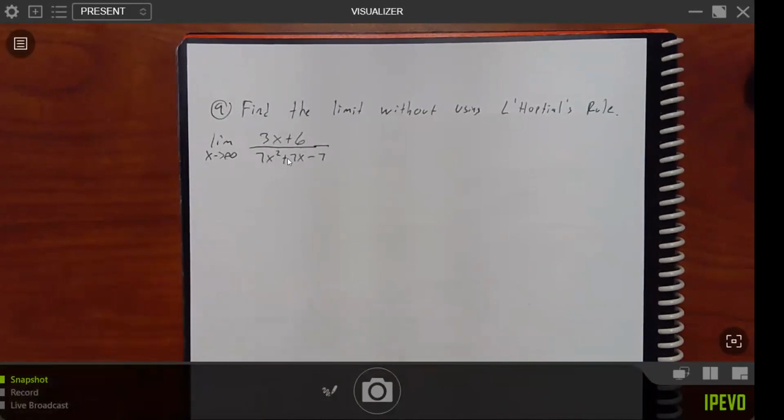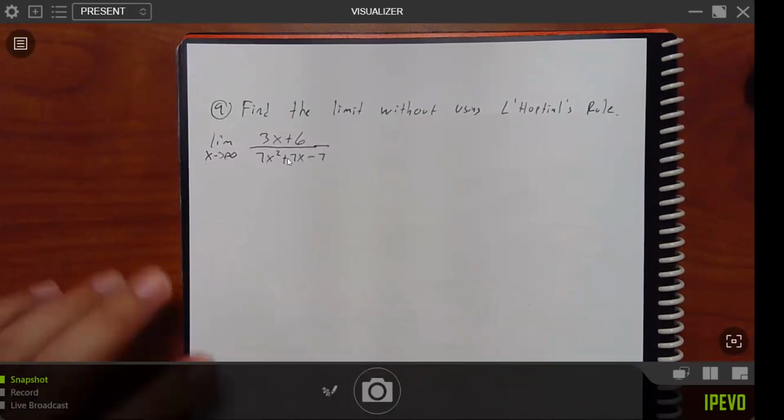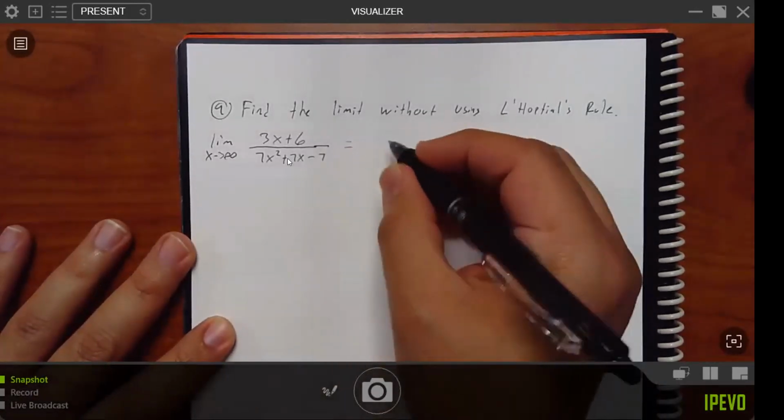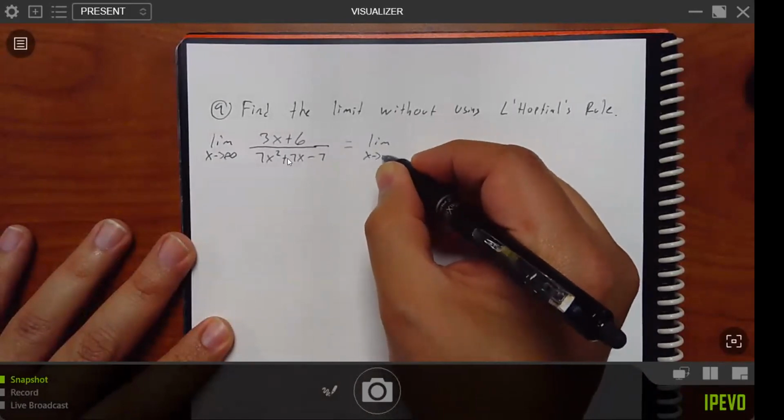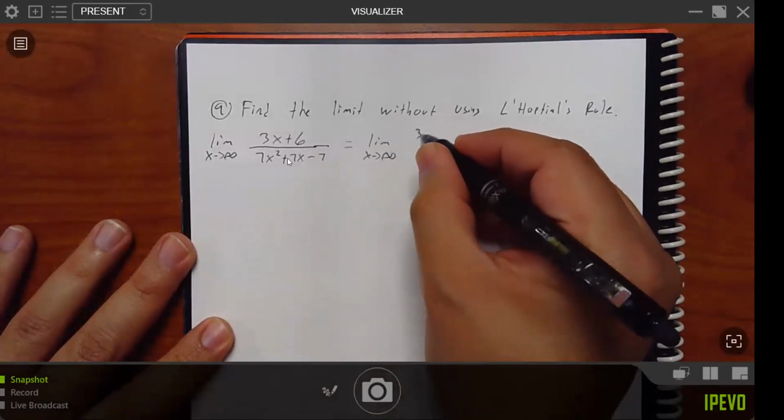The degree in the bottom is bigger, so we should know it's going to go to 0, right? The way we can show our work is to divide every term by the highest power.